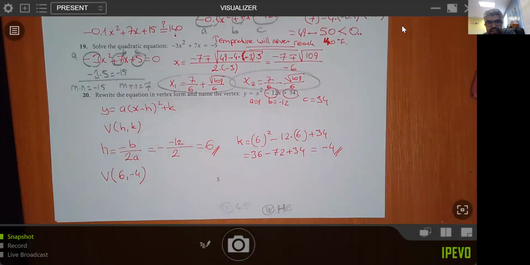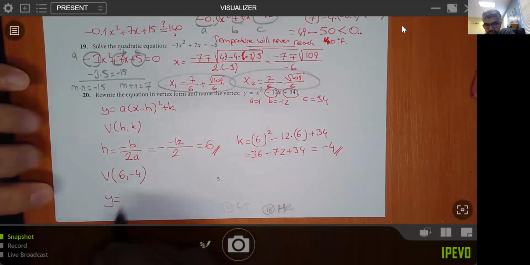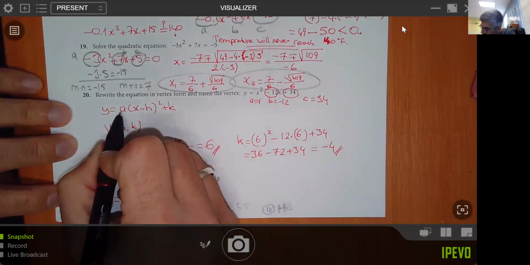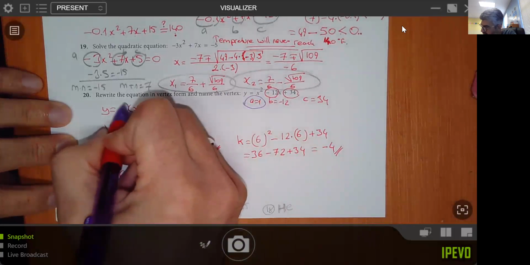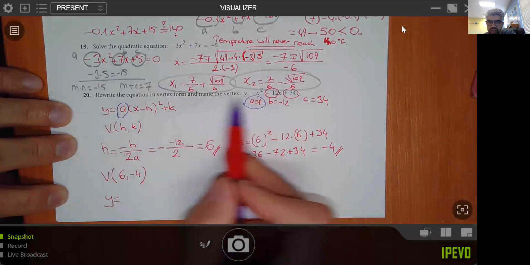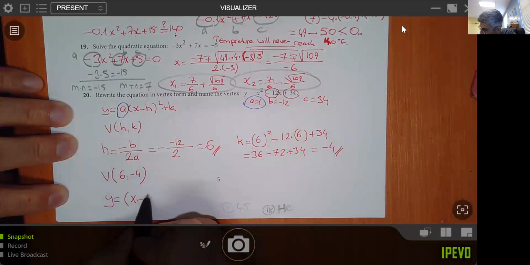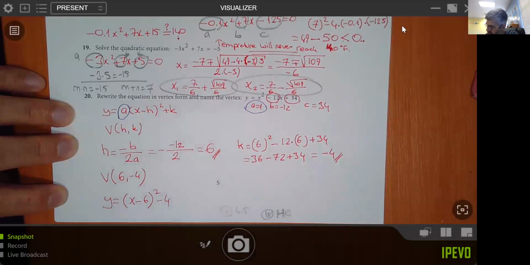Let's write our equation in vertex form. So y is equal to, hey, we have a. What is a here? Attention, we use the same a, guys, okay? We use the same a because we are talking about the same function. So a is 1, so I don't write anything. x minus h, which is 6, squared, and then k, which is negative 4.